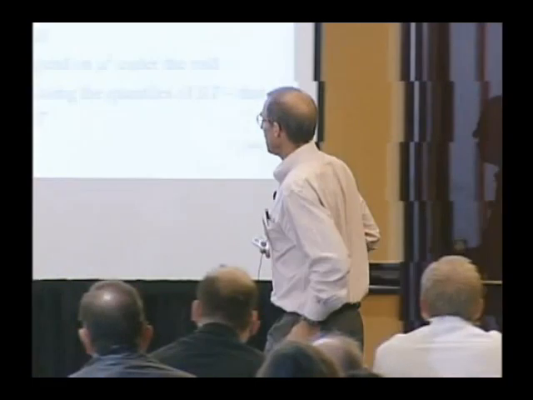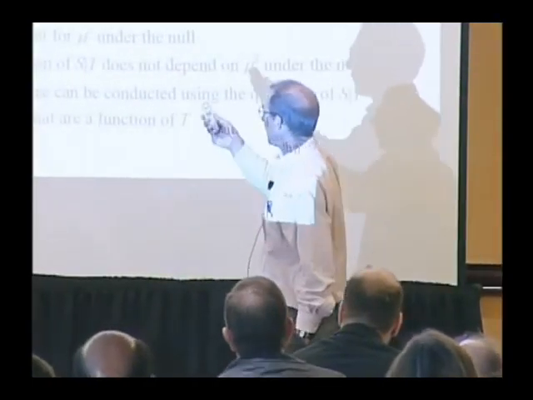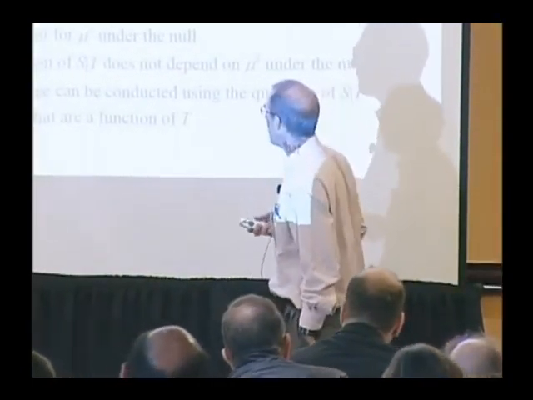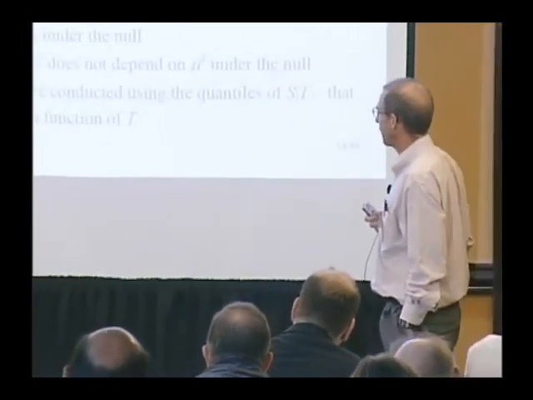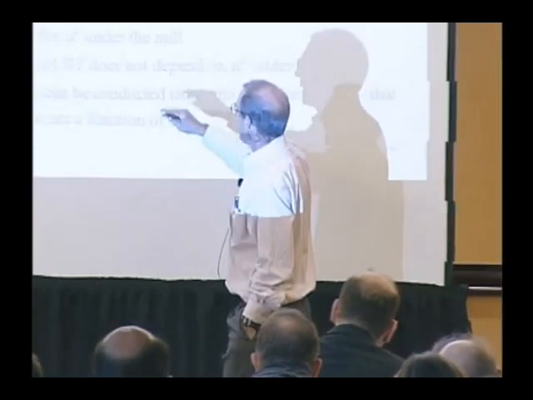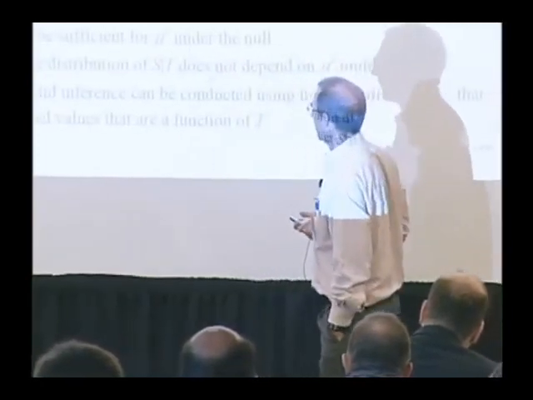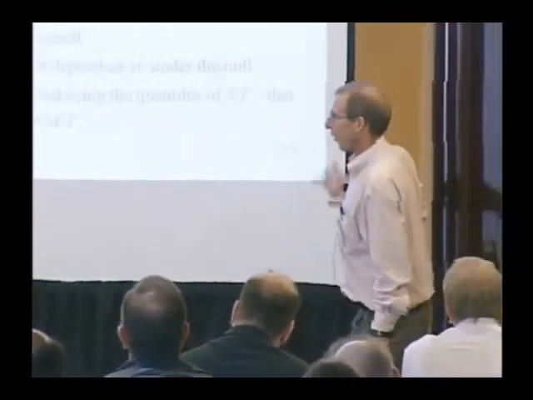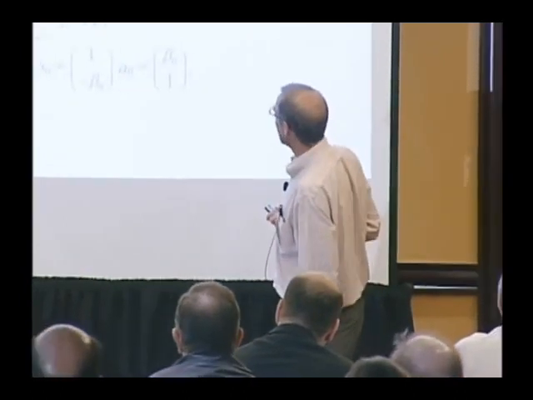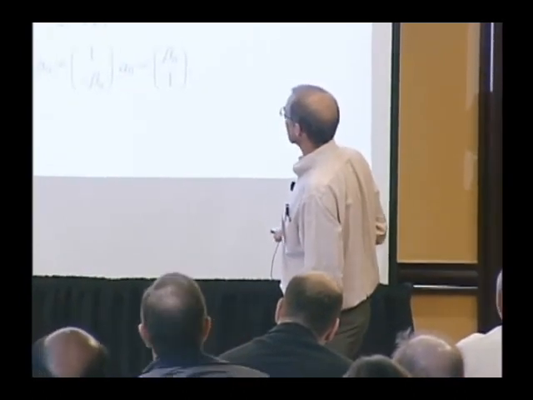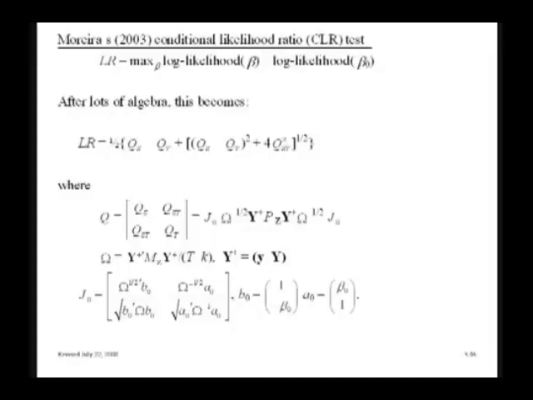All right, so that's actually what Moreira pursued in his thesis and in a couple of papers. There's this 2003 Econometrica paper where he proposes a particular approach, which is using a likelihood ratio statistic. And so S in that case is going to be a likelihood ratio statistic. And then there's some other object, and I think I have a slide giving it for completeness, but it's some nasty-looking creature that is the sufficient statistic.